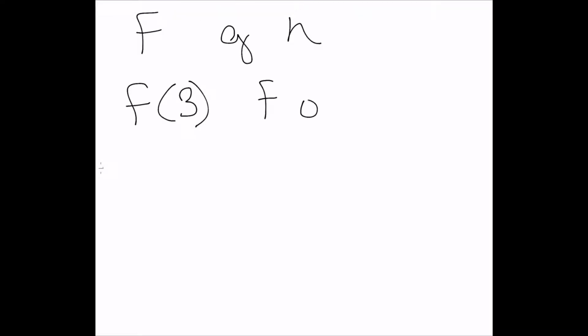So in reality, a function is just a rule, and we represent these functions with letters like f, g, and h. And when we write something like f(3), that's read "f of 3." What this means is we want to apply our rule f to the number 3.